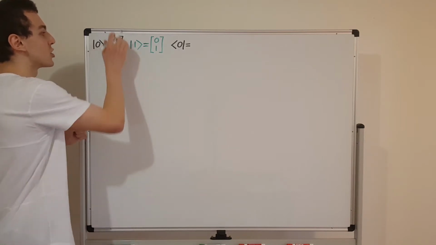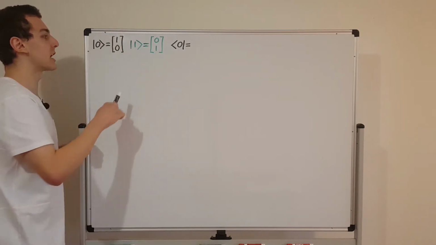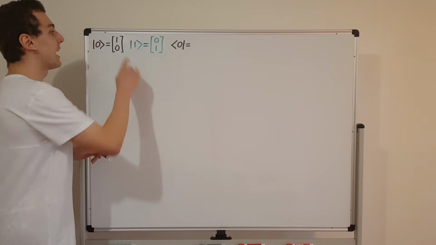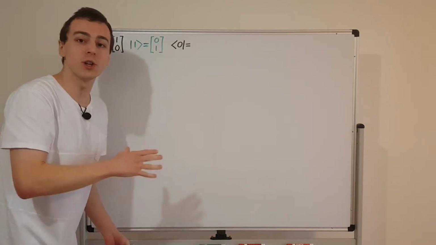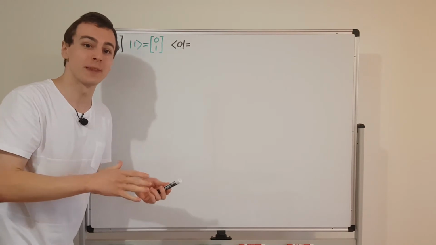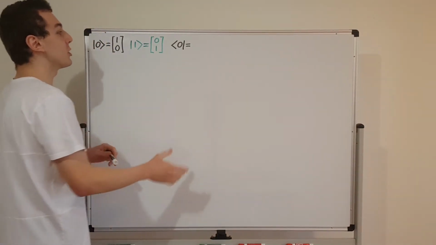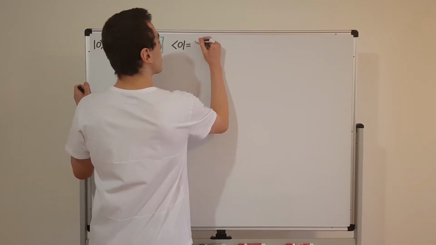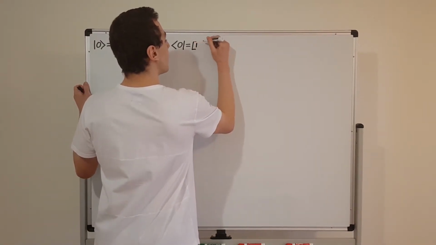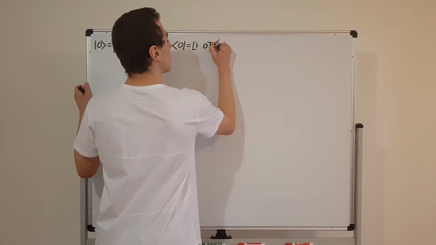So we have to take the transpose and we have to complex conjugate. Complex conjugation is not going to have any effect on these matrices over here because all of the entries are real. So the Hermitian adjoint is just going to be the transpose in this special case. So the transpose is going to look like this. We're going to have 1 followed by 0.